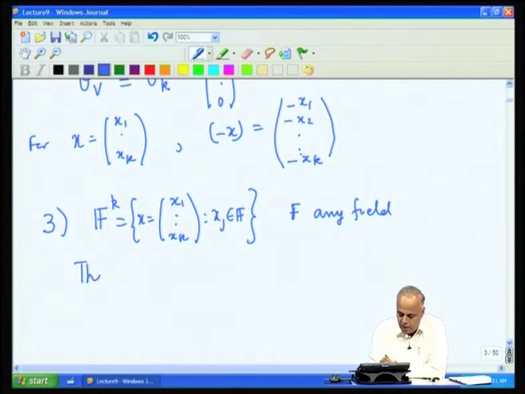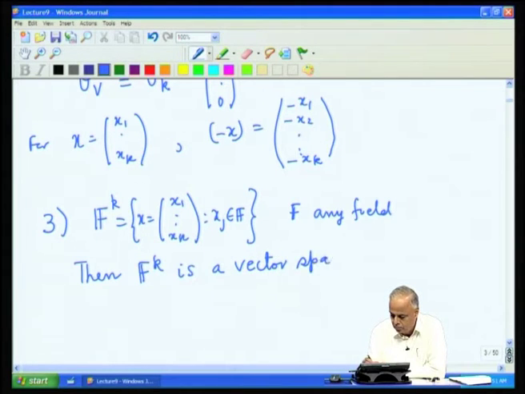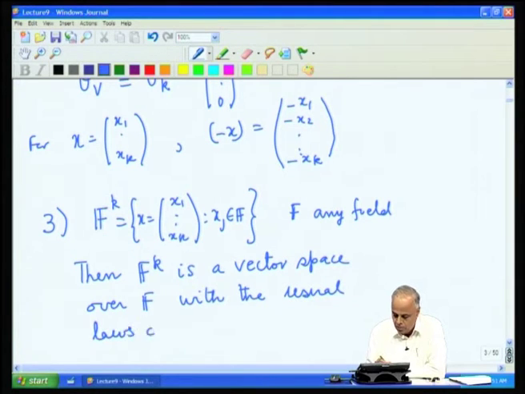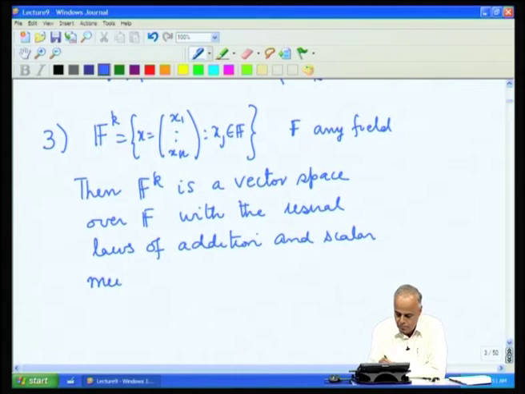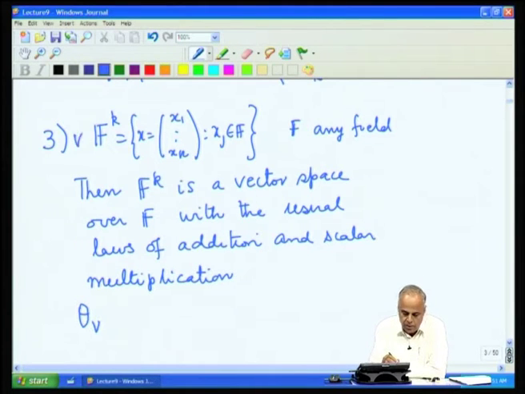Then F k is a vector space over F with the usual laws of addition and scalar multiplication. And again, V in this case is F k.